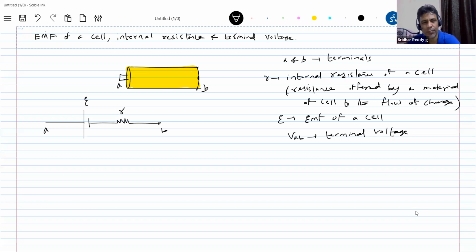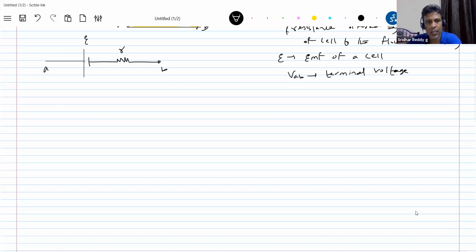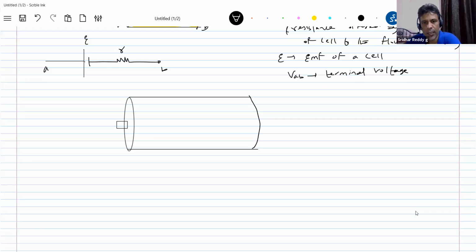Okay, how does this cell work? Inside the cell, in the same diagram, there's a terminal B and a terminal A. Let's assume a positive charge.